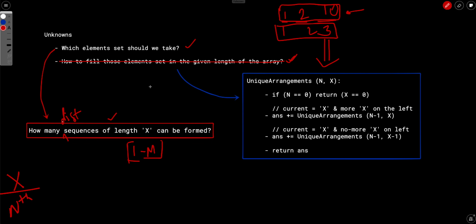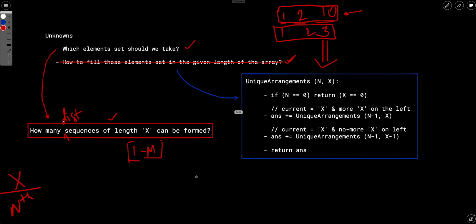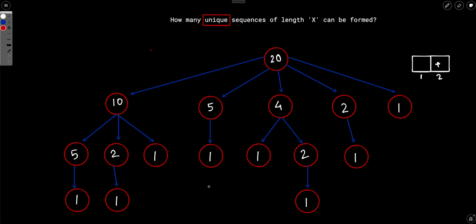So we have figured out that it doesn't matter what all the numbers are, it just matters how many unique numbers there were in the sequence. So we can just figure out how many distinct sequences of length x can be formed from 1 to max value. Now let's try to solve that piece instead.